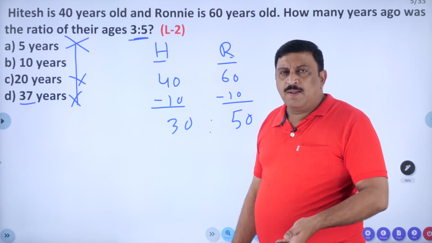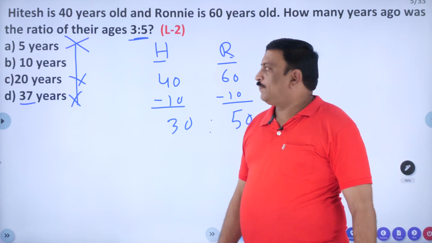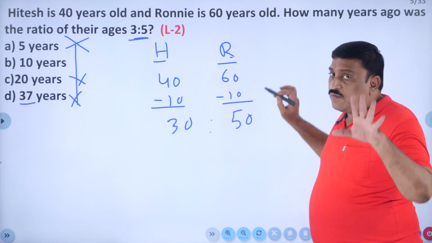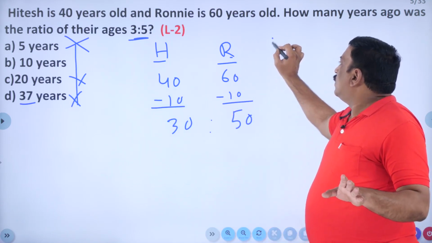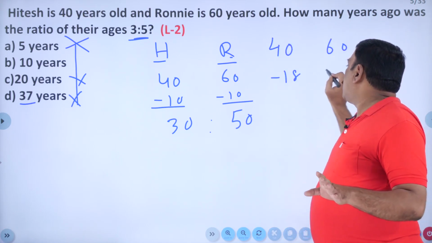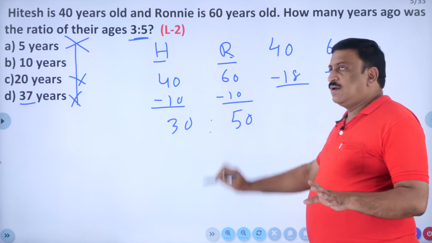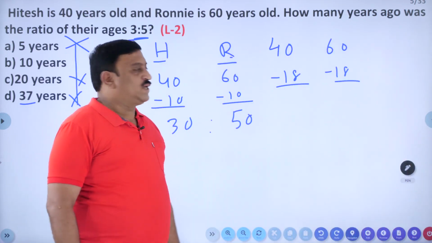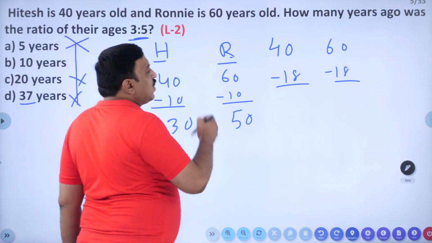Simple, no? But if the question will be, I am not framing the question, but suppose it is 40 and 60, 18 years ago, if that is the case, we can't judge the answer just by taking options faster. Right? Since it is 10, okay, fine.